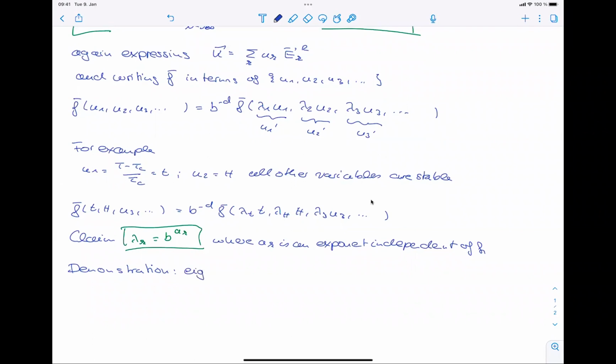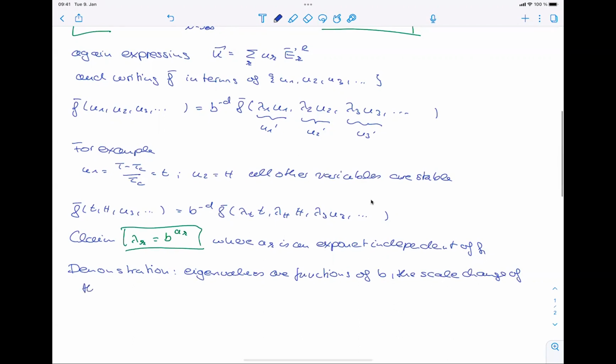The question is how they functionally depend on it. So eigenvalues are functions of B, which is the scale change of this system under RG. So generally speaking, I can write my lambda k as a function of B.